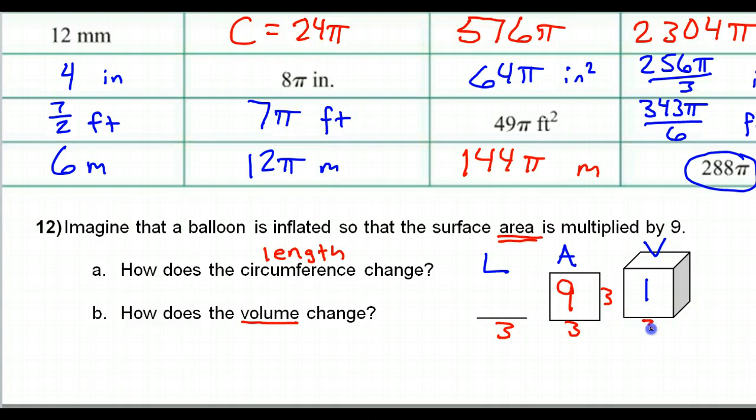And if I know that this is 3, then that means all these dimensions are 3. But what will that make the volume? It's 3 times 3 times 3, so that's 27.